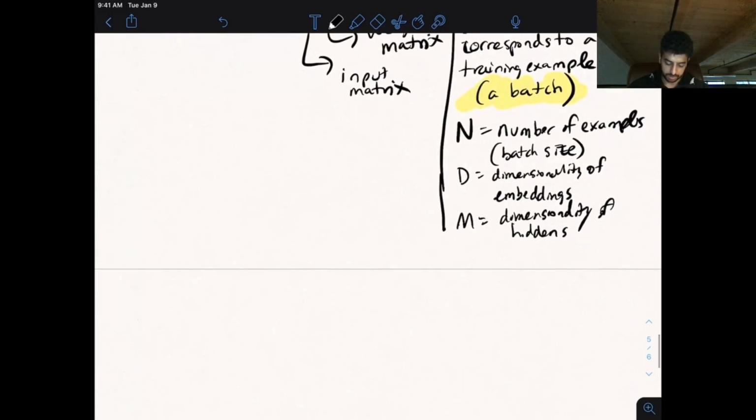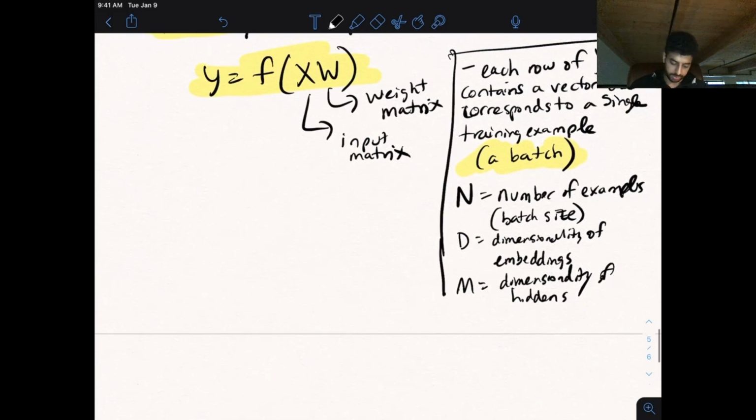For this example, these two don't matter. This is a more general example.